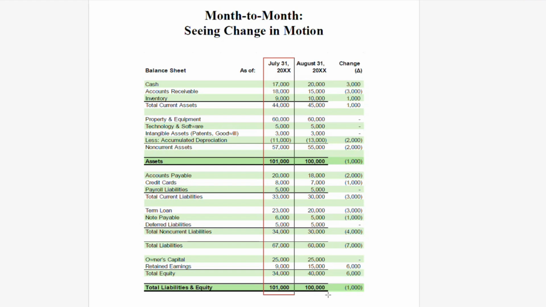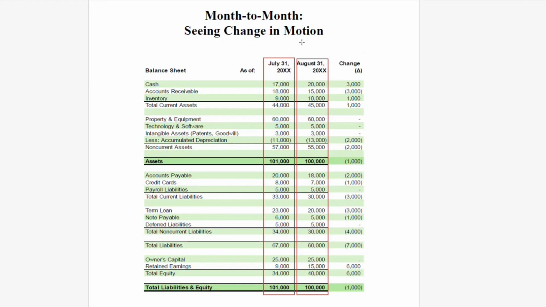All of these numbers here relate to August 31st. And again, remember, snapshots in time. These are pictures, not videos. In this particular case, the comparison we're making is from one month to the next.